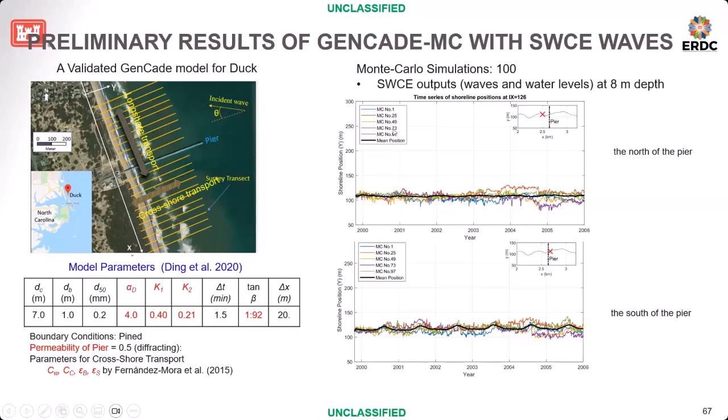But look at this mean for shoreline position. The mean itself tends to inherit those seasonal variations, and then you have a cyclic change of shoreline.